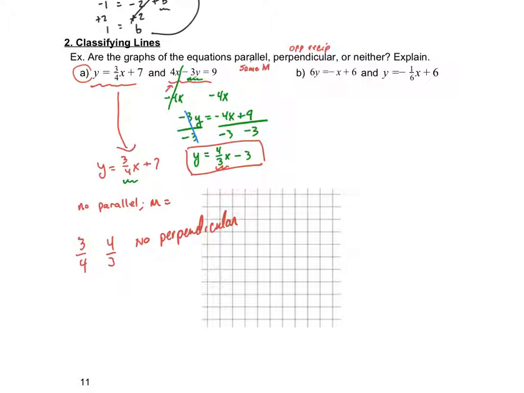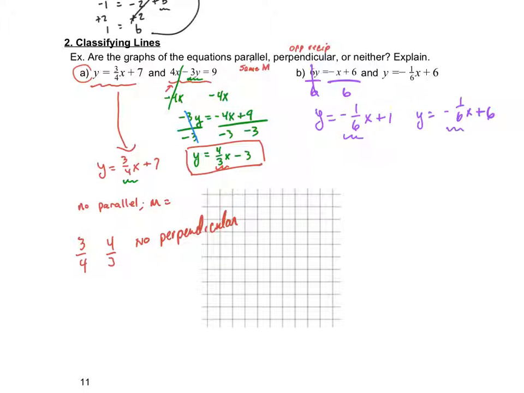plane. Now, if we go through and work this next one, doing the same thing, b, if we go to slope-intercept form, I need to divide both sides by 6, so that is going to be y equals -1/6x plus 1, and the other one is y equals -1/6x plus 6. Well, look at that.